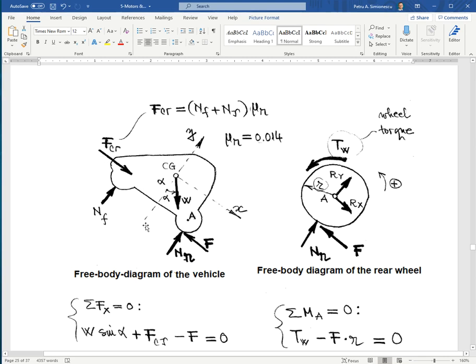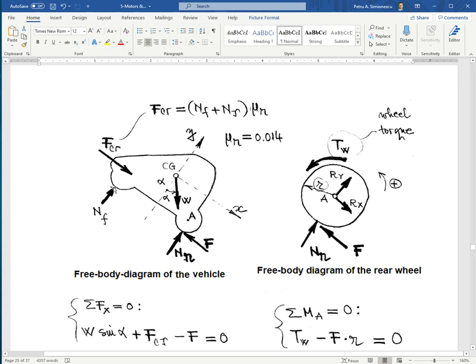I have reaction forces front and rear, and I have rolling resistance, which could be shown as a force. We're assuming the front and rear wheels are the same. You can have front wheels with a different coefficient of rolling resistance for the same road surface than for the rear.